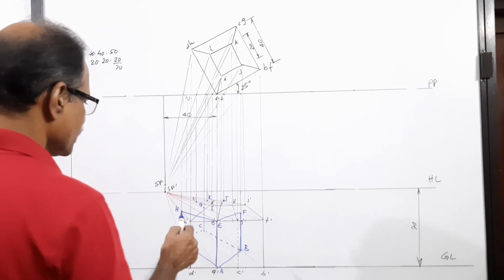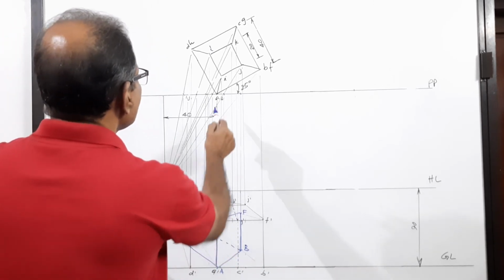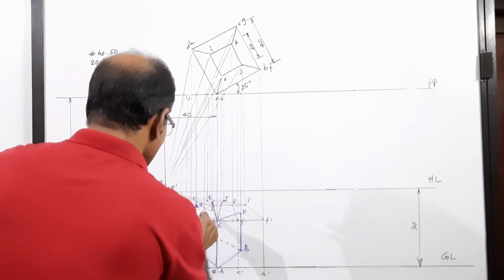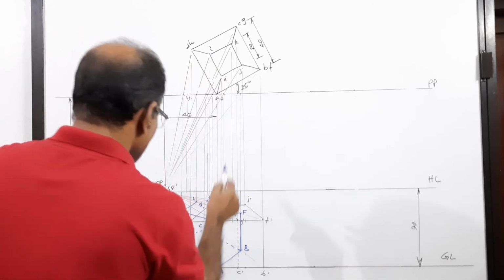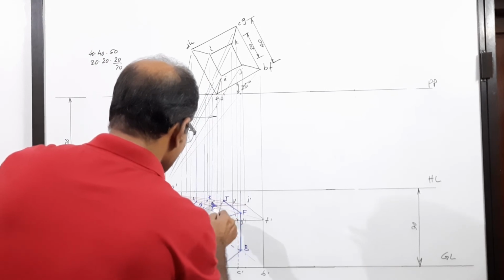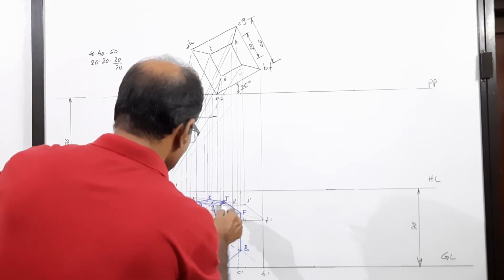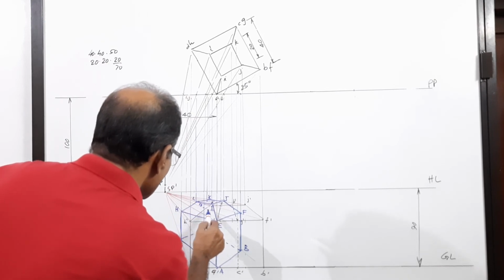Then E to be connected to I, EI, HL, FJ, IJ, LI, LK, KJ, and G.